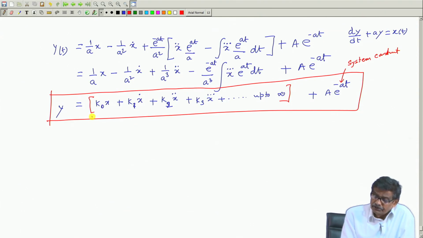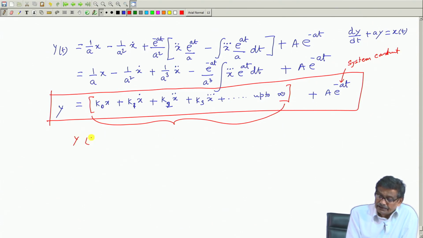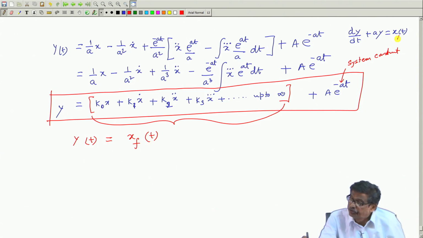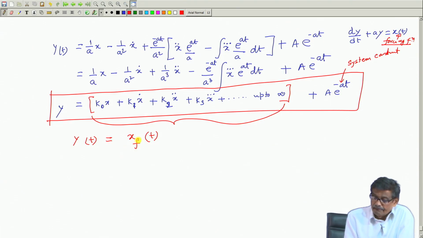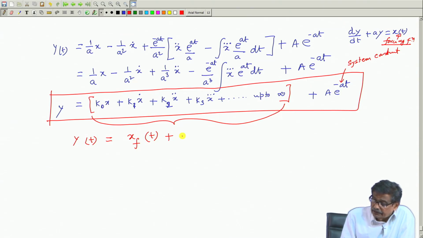So the solution y t will comprise two parts. One depends on x t, the forcing function, and another part depends only on the system constant, and that is called the natural response. I will write it as x and t.